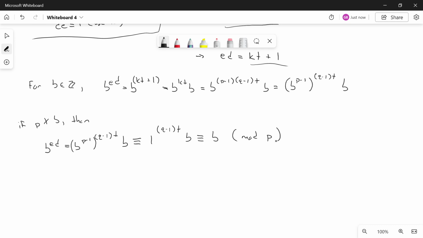Now, this is not exactly what we want just yet, because remember, what we want is B to the power ED is equal to B mod N. Right now, we're just doing it mod P. Perfectly fine. So we've made the assumption that P does not divide B. Well, what happens if P does divide B? Then B and every one of its powers are congruent to 0.